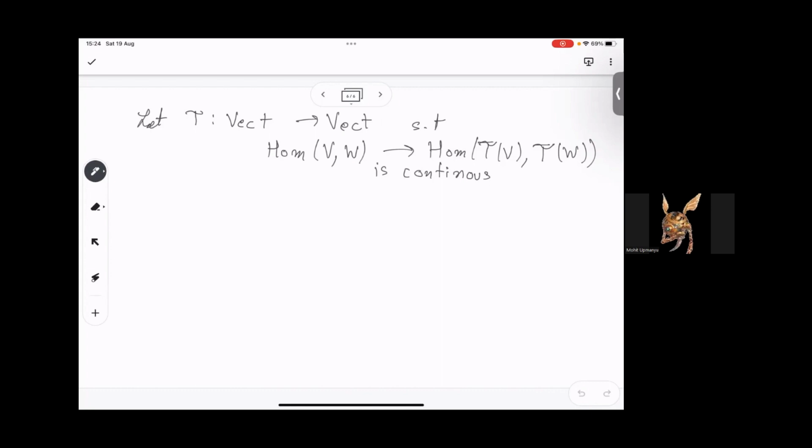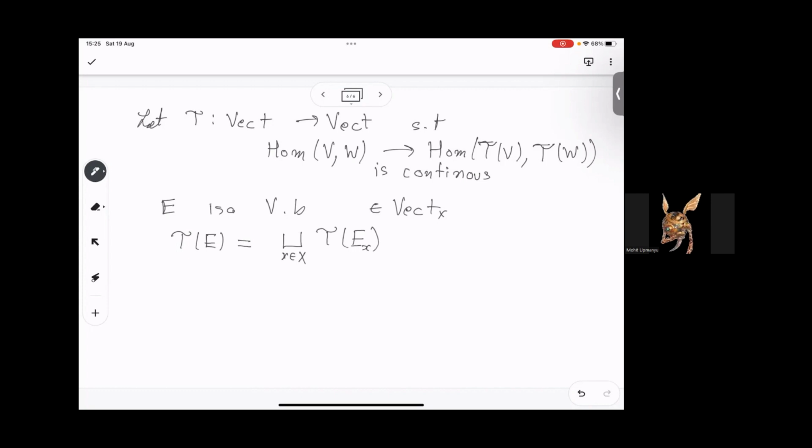So if E is a vector bundle, so that means it's in Vect(X), then we would define TE to be equal to the disjoint union over x in X of T(E_x).